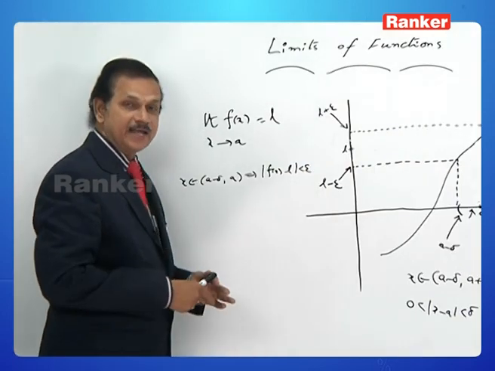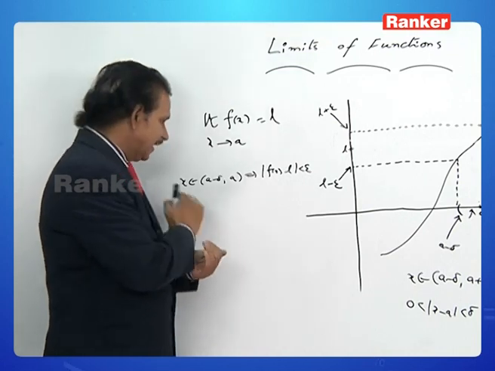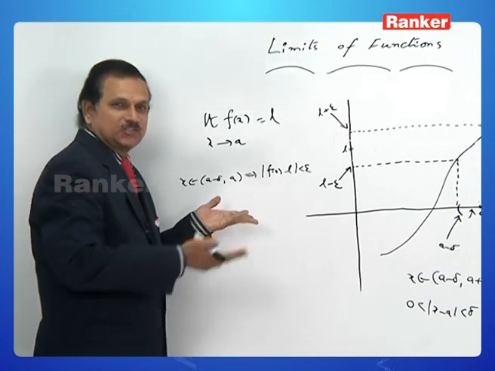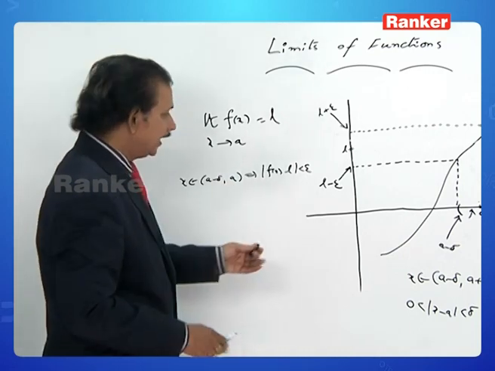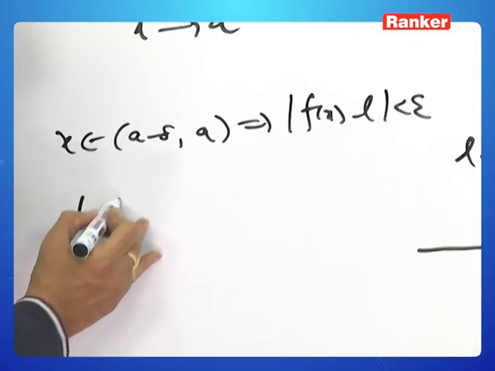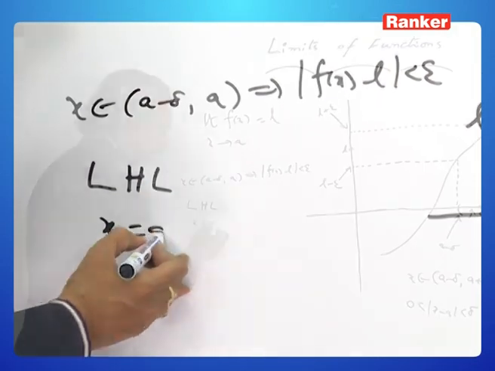Where does x lie? To the left of a. We say x tends to a from the left. Even then you are able to say that mod f of x minus L is less than epsilon. In this case, the left hand limit of f of x at x equal to a is L.